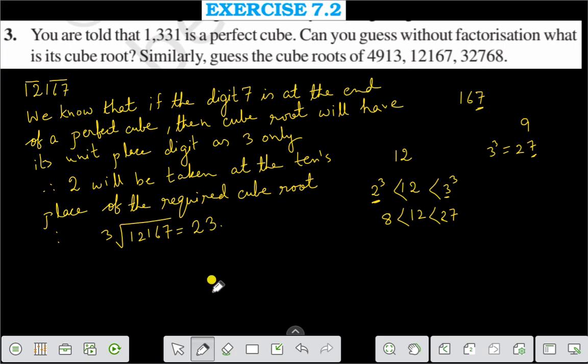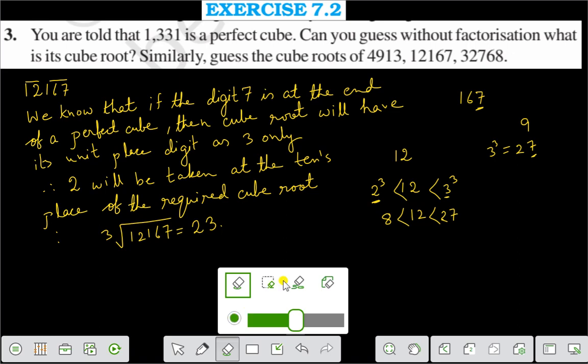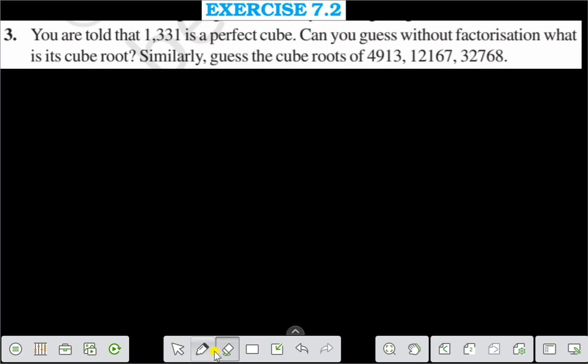Right? Now I take another number, that is 32768. Now here we get two groups.